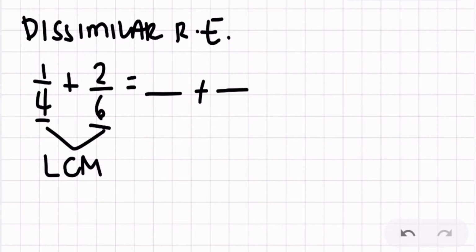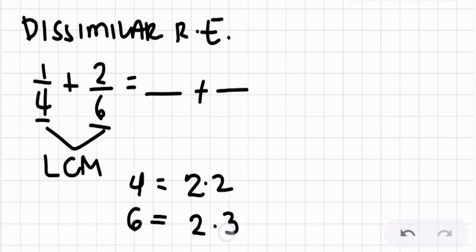Now how do we get the LCM of 4 and 6? Aside from listing the multiples, 4, 8, 12, and so on, and looking for the smallest common one, you can do this method. Get the prime factors of 4, that is 2 times 2, and for 6, that is 2 times 3.